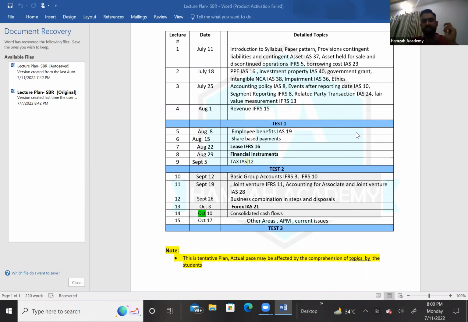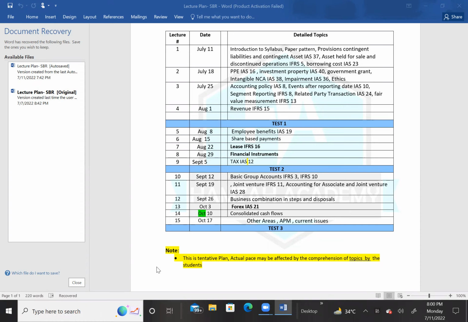Okay, you have a degree in accounting. So in that paper, in your degree, have you studied accounting standards? If I ask very specifically, have you studied property, plant, and equipment, borrowing costs, government grant, provisions, contingent liabilities, contingent asset?